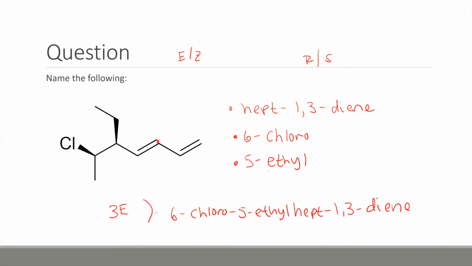Okay, now let's talk about any other chirality or stereochemistry that is available. I'm looking for positions where a carbon has 4 different things attached to it. In this case, it would be this position and this position. These are chiral centers. So we have to assign the chiral centers an R or S configuration.